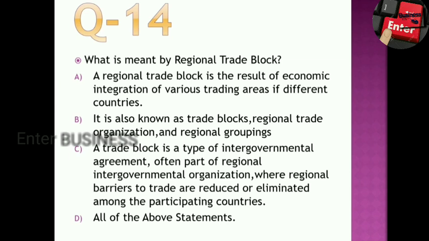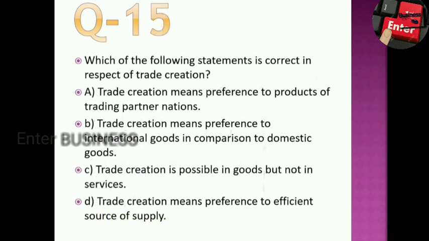Option C, a trade bloc is a type of intergovernmental agreement or part of a regional intergovernmental organization where regional barriers to trade are reduced or eliminated among the participating countries. Option D, all of the above statements are true. So the correct answer is option D, all of the statements are meant by regional trade bloc.